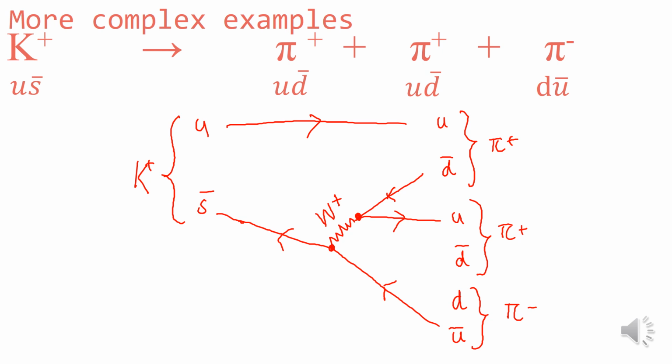So what's actually going to happen here is something slightly different to what we've encountered before. This up, I'll get out the laser pointer, this up here is going to change colour between the second interaction point and being in this pion, and that means it's going to emit a gluon.